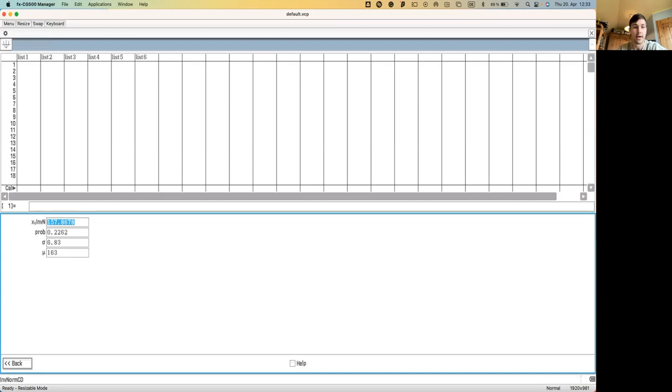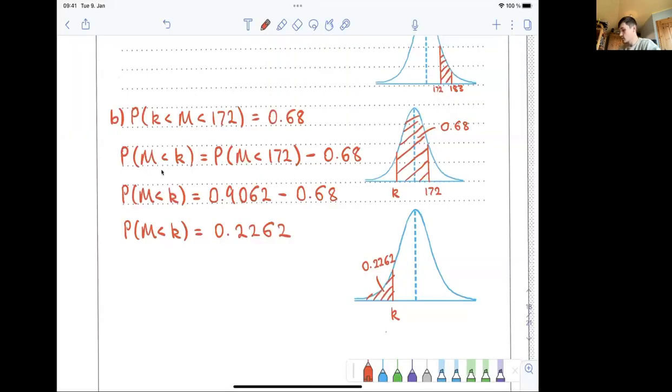So let's come back to the pad and we will put that in. Cool. And so therefore K is equal to 158 grams. And there is the answer to part 10.